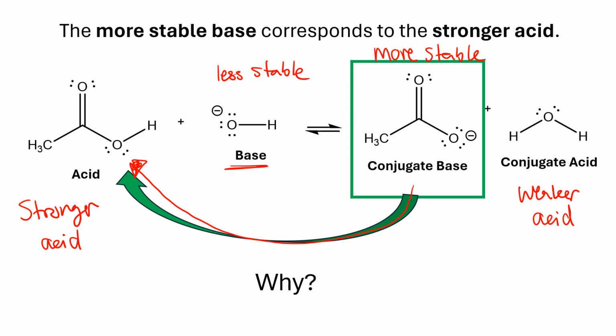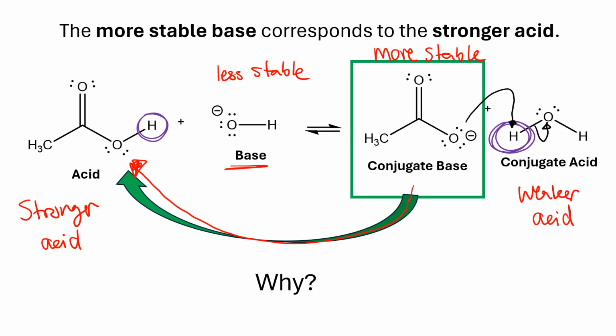So why is that true? Well, let's think about where the proton is most stable. Here's the proton here, and here's that same proton on the other side. If the proton is more stable on our conjugate acid, or the weaker acid, it's less likely that this reaction will proceed in reverse.